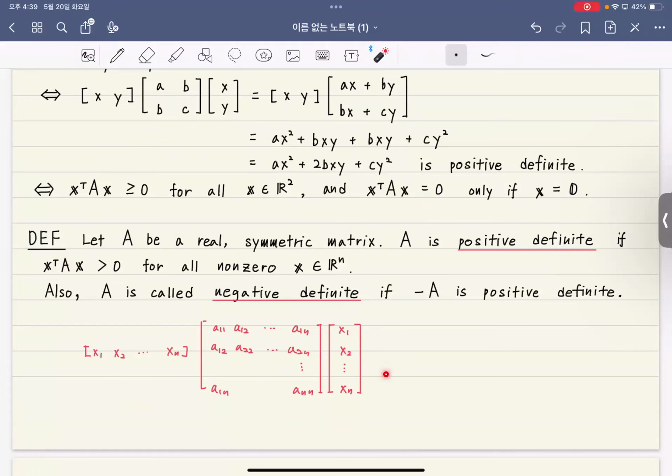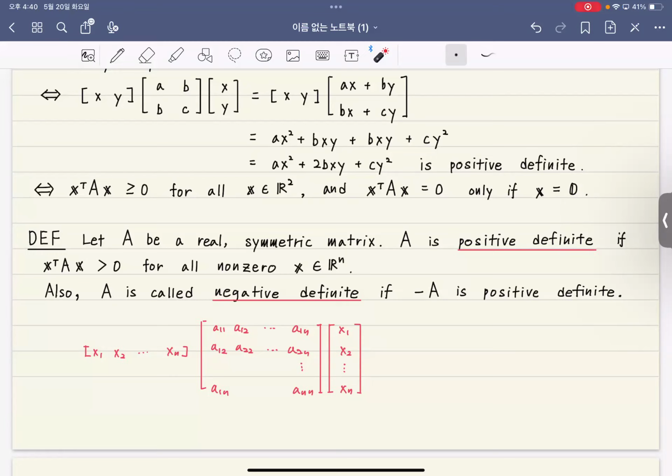So now this is somewhat hard to see, but I claim that this is still a quadratic polynomial of degree 2, right? Whose variables are not x and y, but x1, x2, up to xn. So this is a quadratic polynomial of n variables.